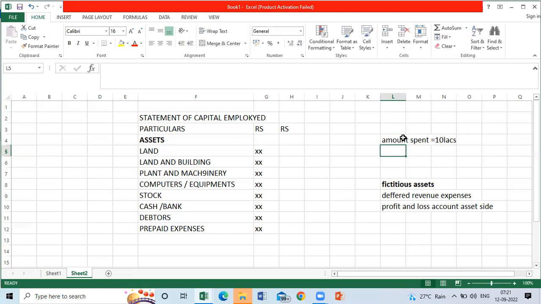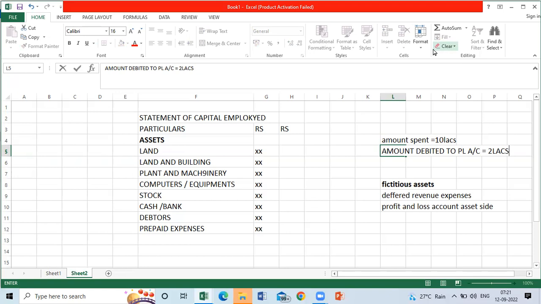How much is the amount debited to the profit and loss account? 2 lakh rupees. What about the remaining 8 lakhs? Those 8 lakhs will be shown at the end of the first year in the balance sheet on the asset side as deferred advertisement expenditure.